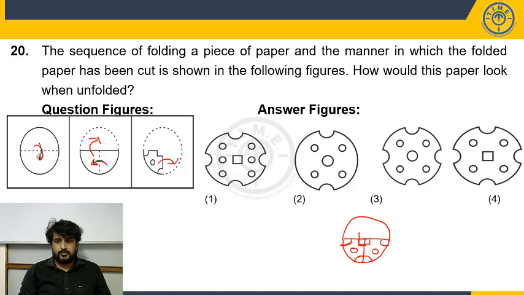So this shape will look like this. The earlier one is a simple mirror image. Here to here, the way we are opening is called a mirror image. The way we are opening this one is called a water image. The water image, which is on the bottom side, will come on the top of the edge. These two will come here. That's it. So that is how the diagram should look.